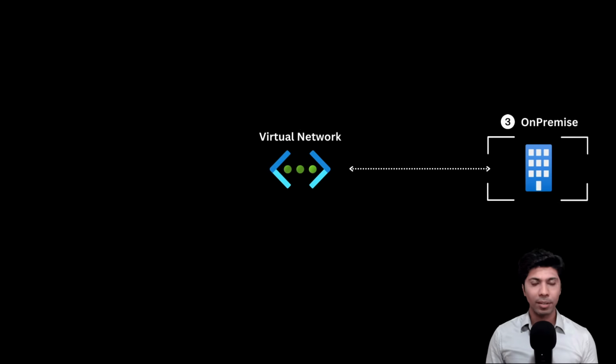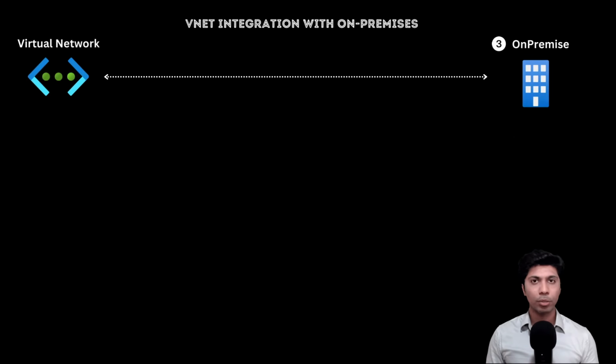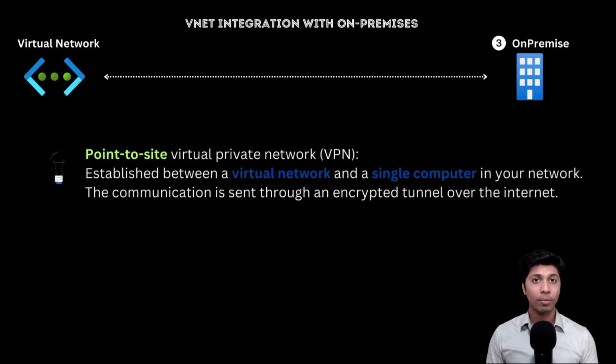Let's deep dive in. The first approach is point-to-site virtual private network. This connection is established between the virtual network and a single computer in your on-prem network. So if you want to connect one computer, this type of connection is preferred. The communication is sent through an encrypted tunnel over the internet.